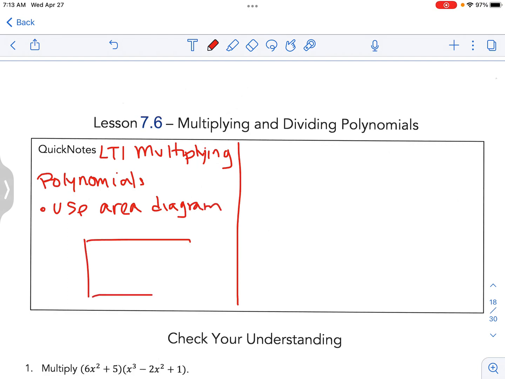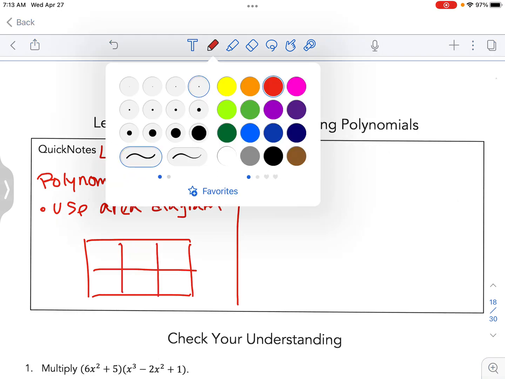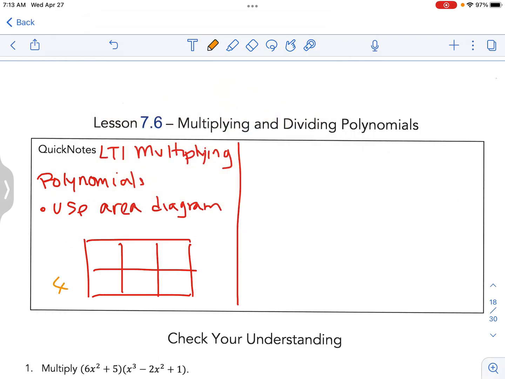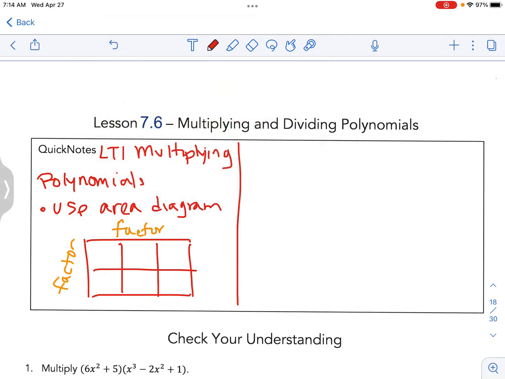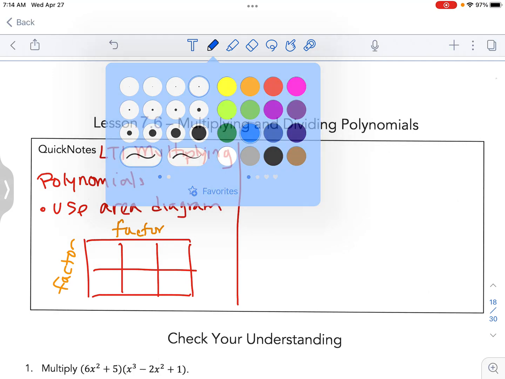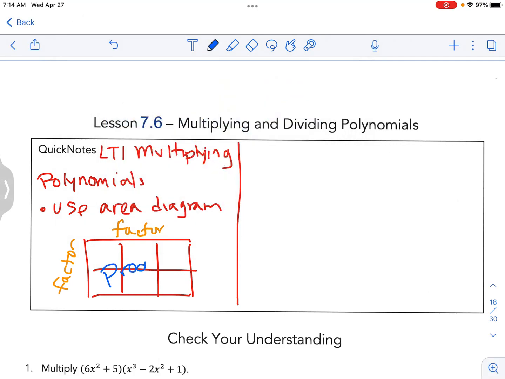Okay, and when we use this, I'll just generically draw something that is 3 by 2. We know that we have our factors on the outside, and we have our product on the inside.